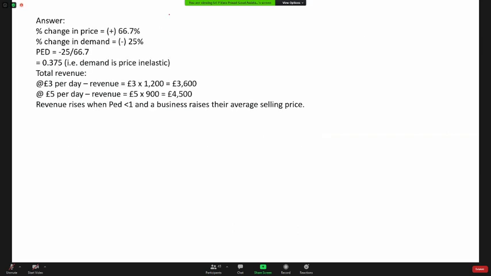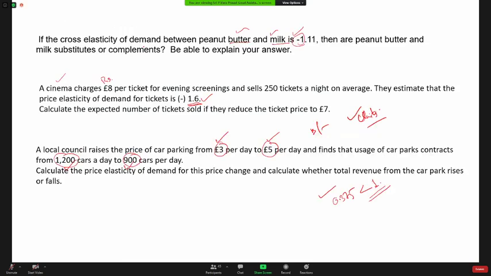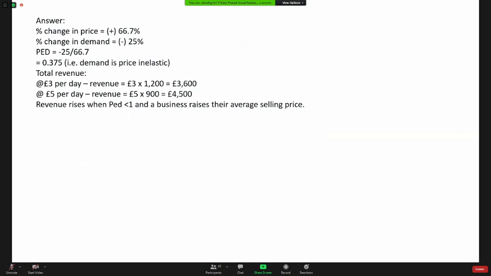Okay, just have a look at this. I hope the second one is already solved by all of you. That is 300 units, Q2. Now for this third question, just look at the answer. When you solve, you get 0.375, relatively inelastic, but total revenue became, when it was 3 rupees, and the number of cars was higher, 3,600 rupees.